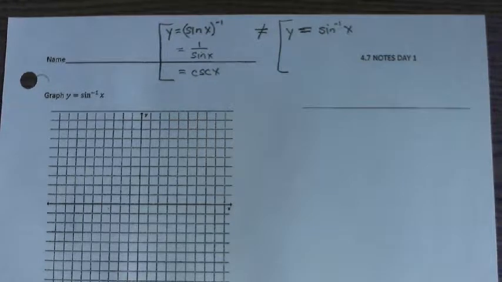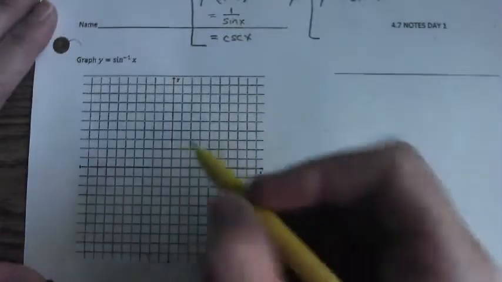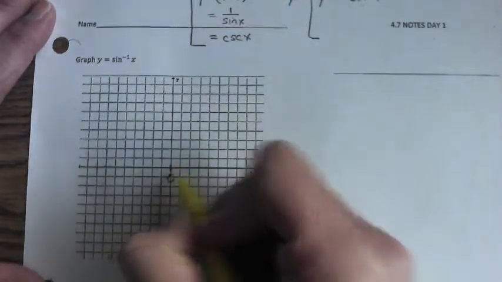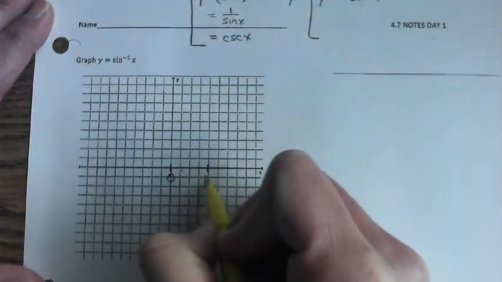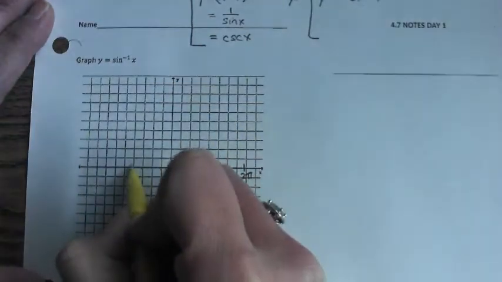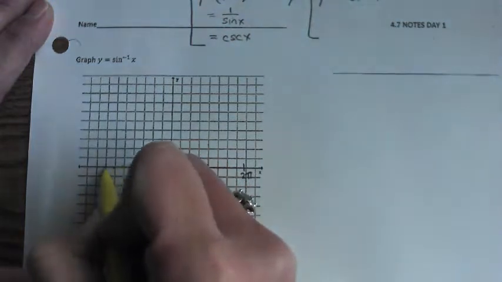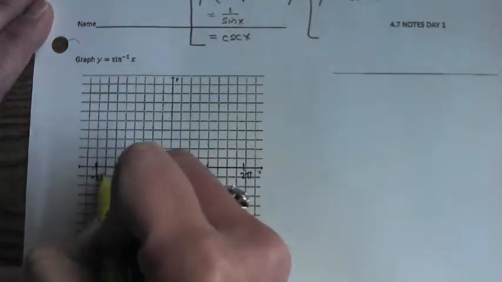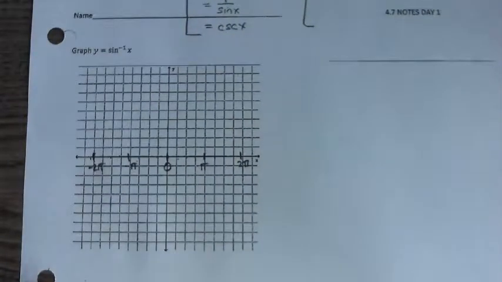So if I take the parent sine graph, so I'm going to make this 0, pi, and 2 pi. Negative pi, negative 2 pi. And I'm not graphing the inverse sine first. I'm just going to graph the sine curve.